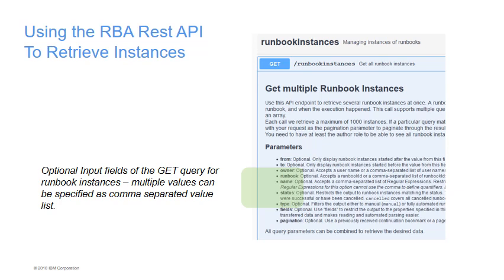It is possible to retrieve runbook instances via API using new filters as well. Specify a comma-separated list of runbook names, types, statuses, or owner names to get instances as requested.